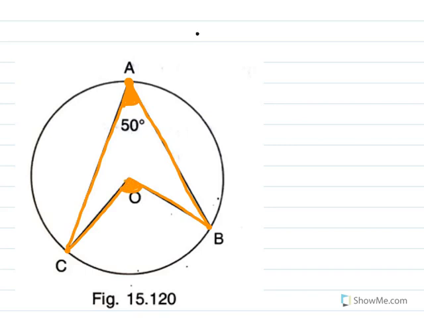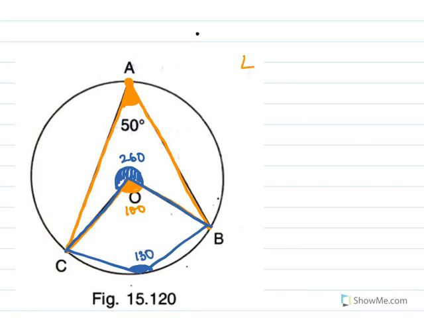So that is 50, here we will have 100, and if this is 100, we know this angle will be 360 minus 100, and that would be 260. If this angle here is 260, therefore half of it will be here, and this will be angle 130.